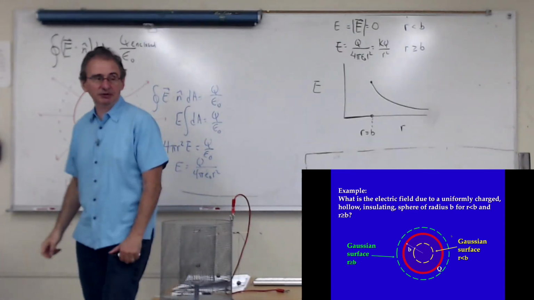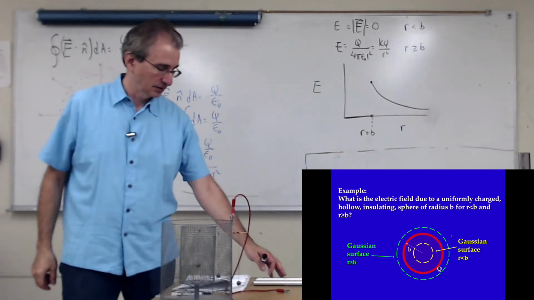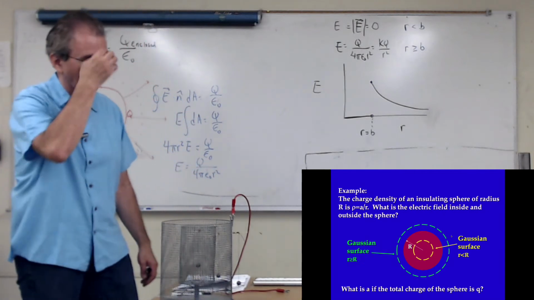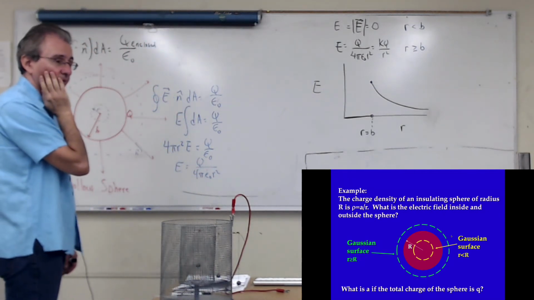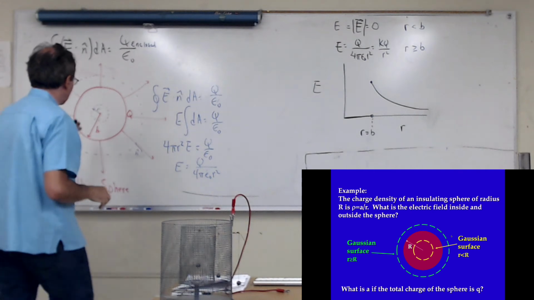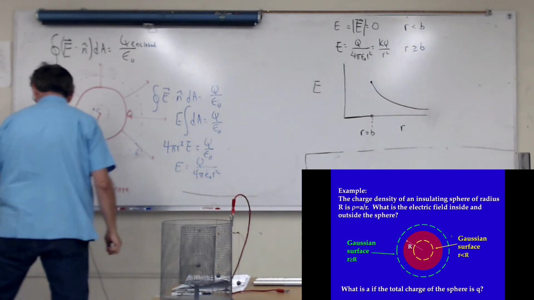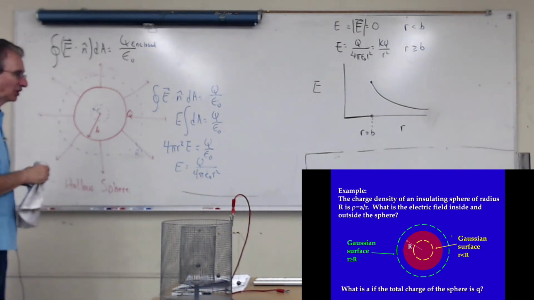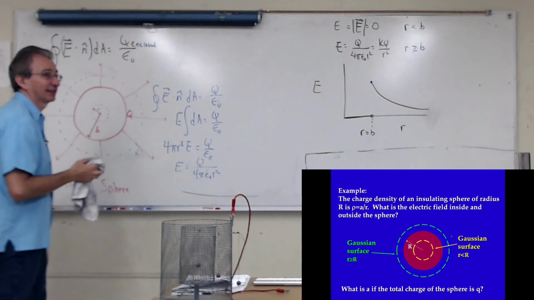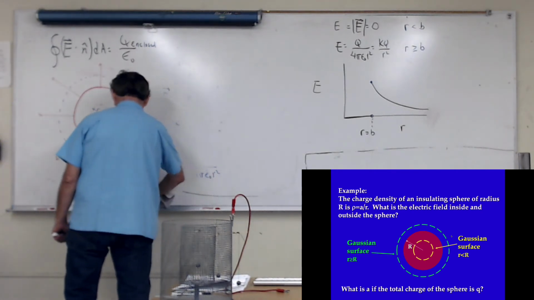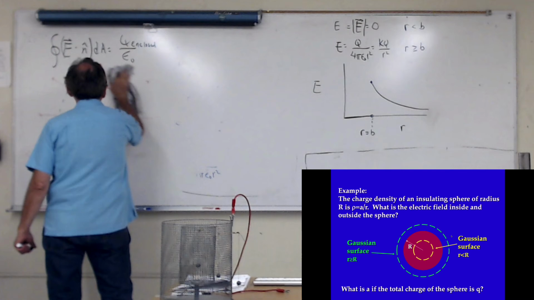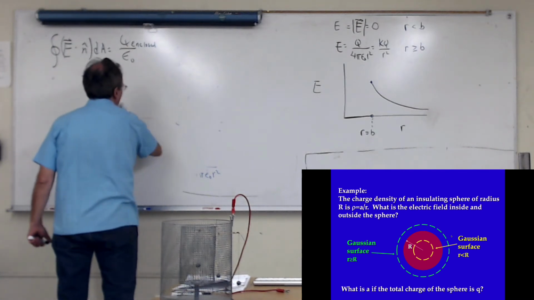Now let's make the examples a little bit harder. Instead of doing a hollow sphere, let's do a solid one. Not only that, let's make the charge distribution a little more complicated. Let me draw a solid sphere.